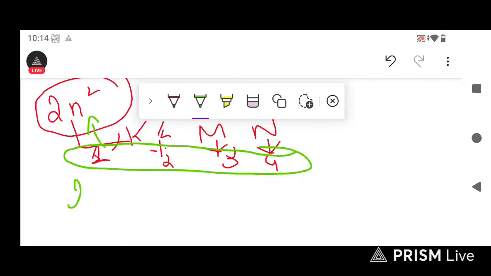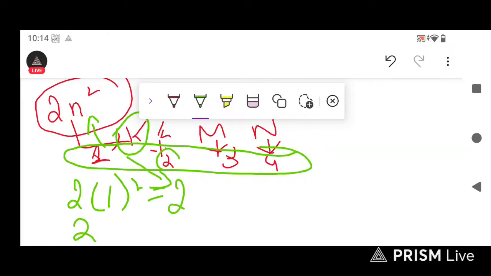Now put it here and we will find 2n square for K shell. 2 into 1 square is equal to 2. So the total number of electrons in K shell is 2. For L shell, n is 2, so 2 into 2 square is equal to 2 into 4, which is 8.